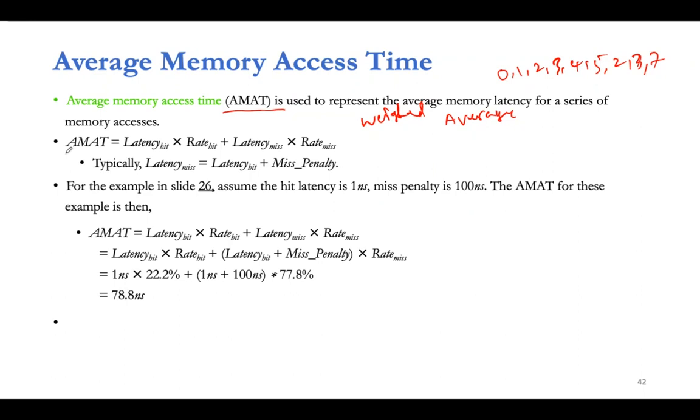AMAT is calculated using the hit latency, the time taken for a hit, and its hit rate for this series of memory accesses.